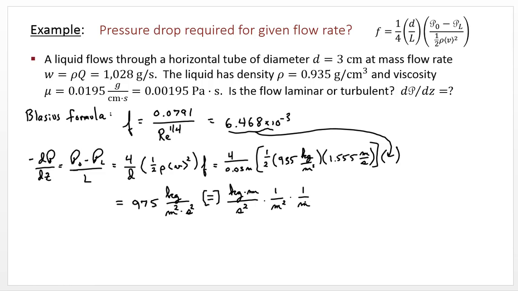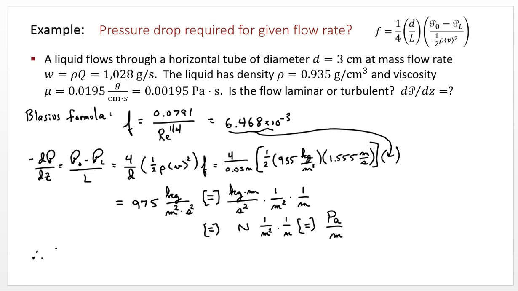So why would we do this? Well, this then gives us Newton per meter squared per meter. Newton per meter squared is a Pascal, which is a unit of pressure. And so we say it's 975 pascals per meter.